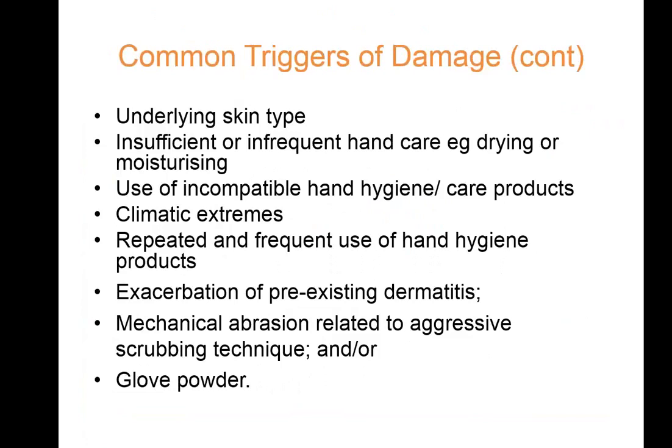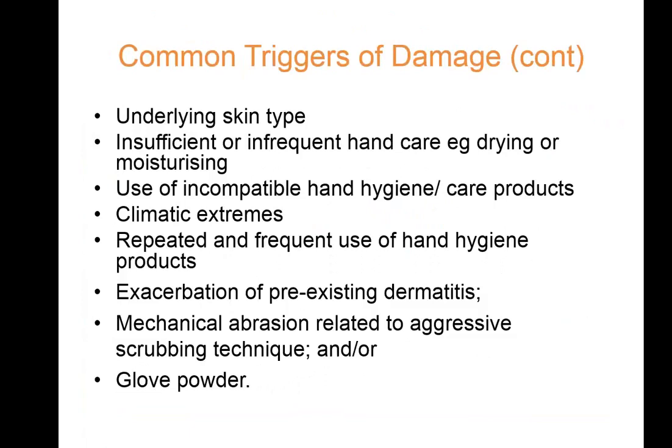We know there's a difference in climates and how they affect the skin on the hands. It seems that when locations experience extreme climatic change, issues are more likely to occur. If you frequently and repeatedly use hand hygiene products, that can be a trigger in and of itself.